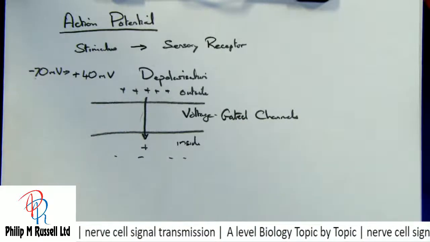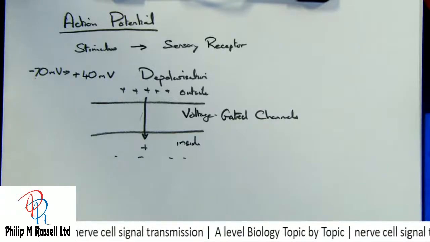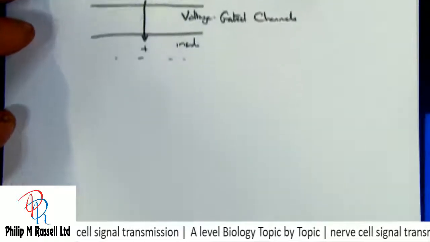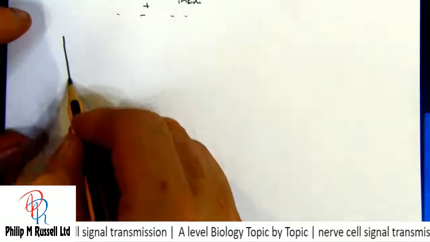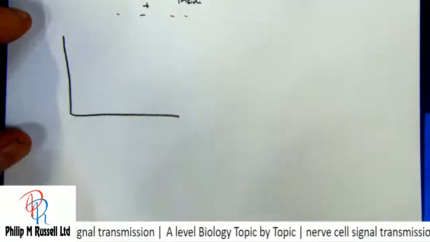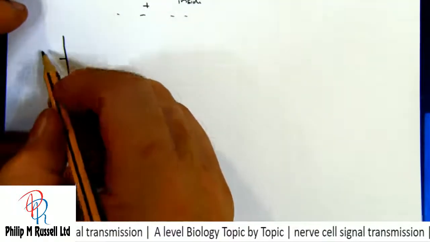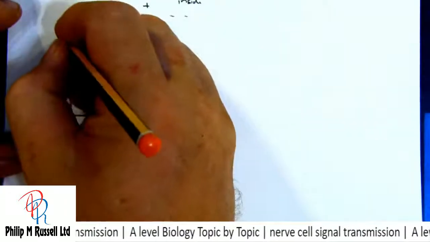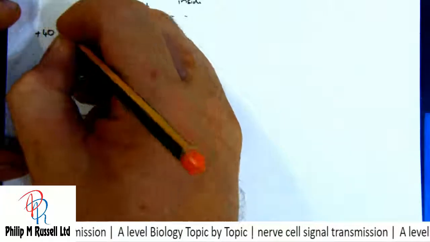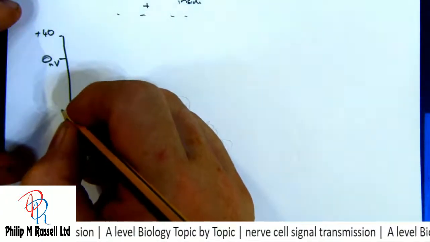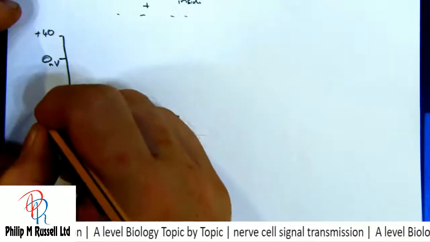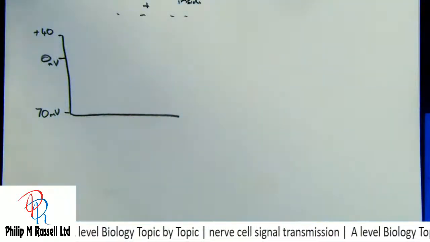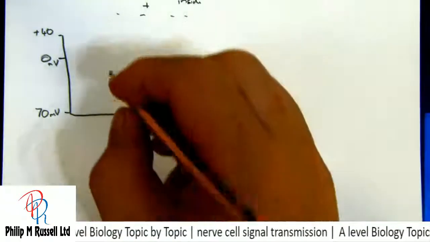Well, we could have a look at some sort of graph of this. Now, this is 0 millivolts. Let's go up here to plus 40 millivolts, and down the bottom to about minus 70 millivolts, and we're resting.